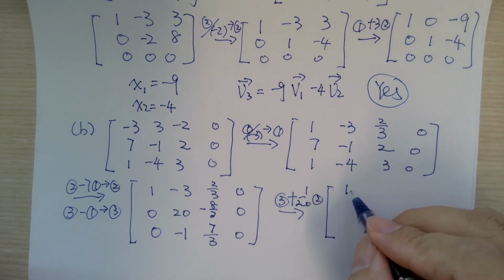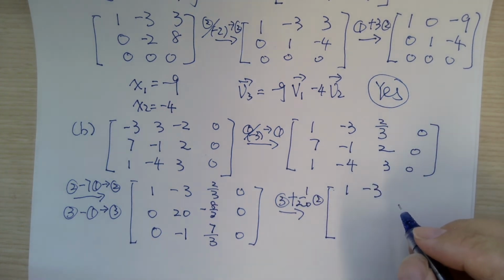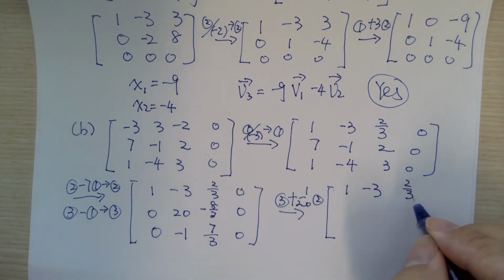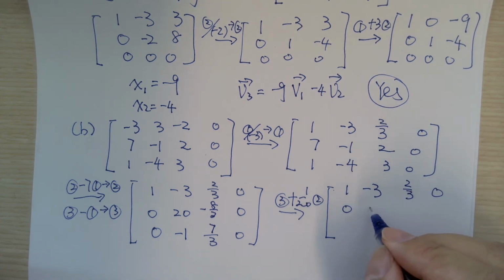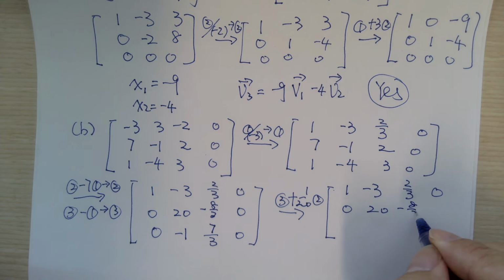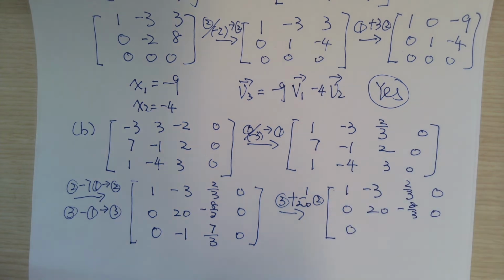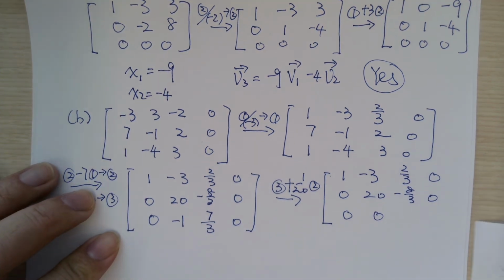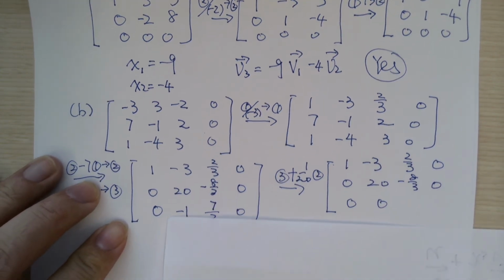So you see it's a 0, 20, negative 8 over 3, 0, so it's 0, 0, and for this part we can do another round of calculation.